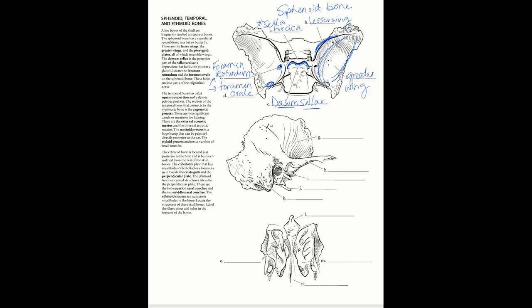Okay, we're looking at the temporal bone here in the middle. Specifically, this is the right side, just to give you a little bit of reference. Right temporal bone. The portion that is against where the squamous suture is called the squamous portion. Convenient, right?